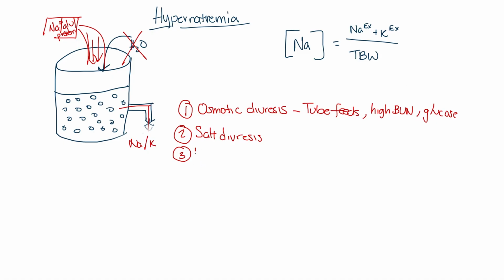The next one is an uncommon one, but this is the one that you get tested on the most, and it's a water diuresis. Another way of saying this is it's our formerly known diabetes insipidus, now known as vasopressin resistance versus deficiency.